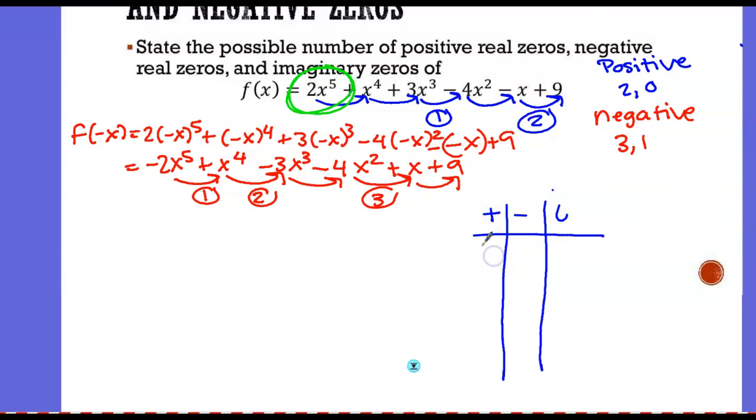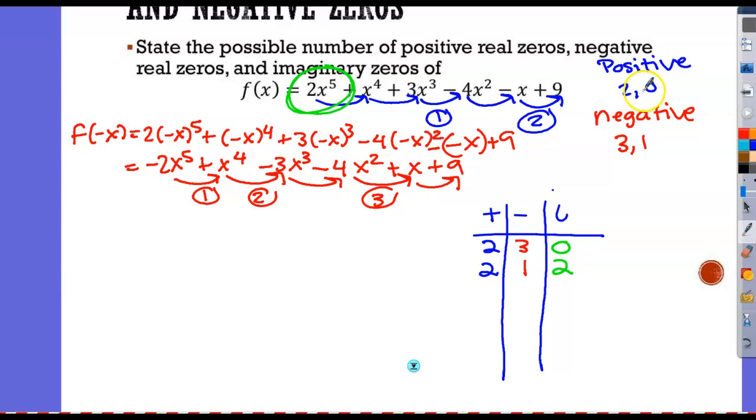If I have 2 positive roots, there's a possibility for me to have either 3 negative roots or 1 negative root. Let's figure out our imaginary. 2 plus 3 is 5, and my total is 5, so that leaves me 0 chance for imaginary roots. 2 plus 1 is 3, so that leaves a chance for 2 possible imaginary roots.